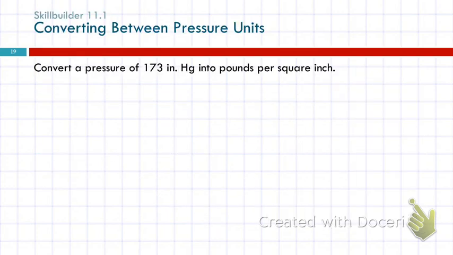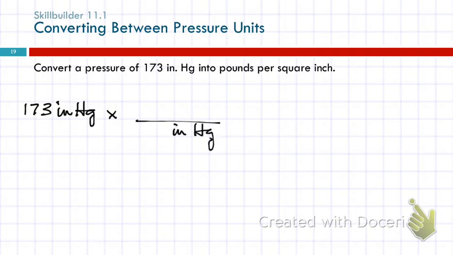So let's do another example. Convert a pressure of 173 inches of mercury into pounds per square inch. So pressure conversions, we can do these in one step. So 173 inches of mercury. I have one factor here. Inches of mercury is going to go on the bottom.